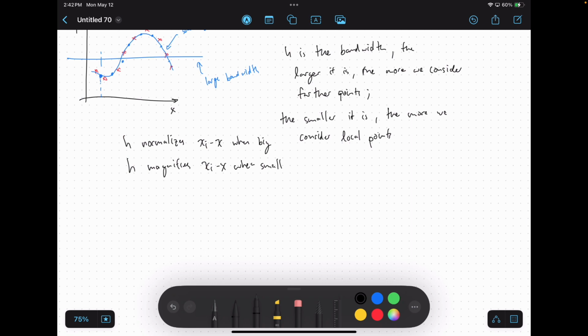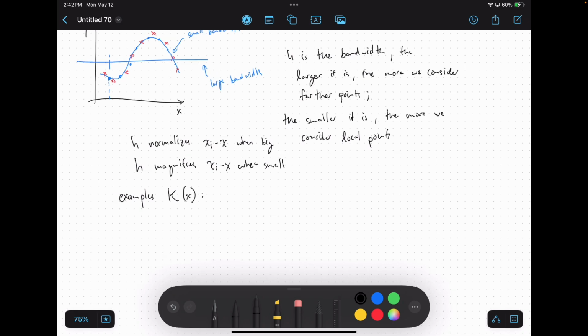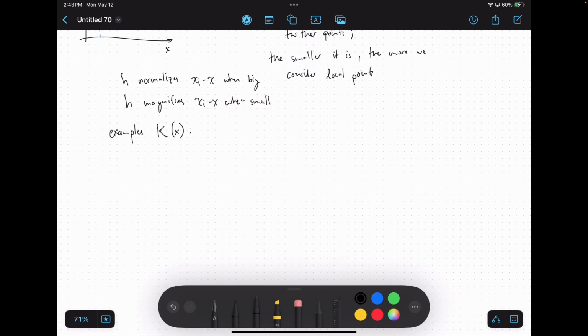So let me give a couple examples of the kernel function, because there are actually different types of kernel functions that you could apply. I'm just going to give a couple of the more commonly used ones.